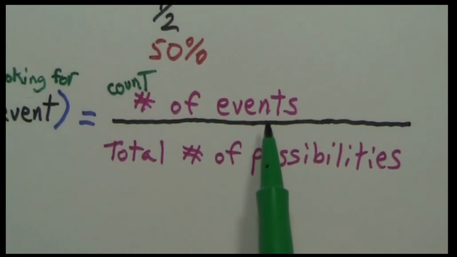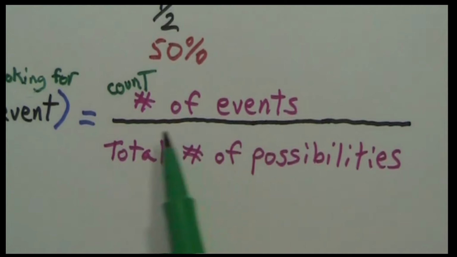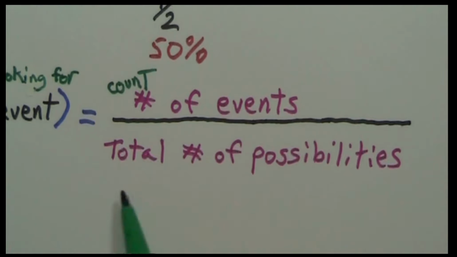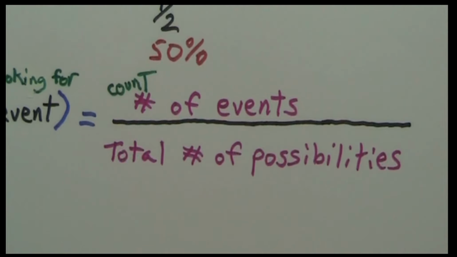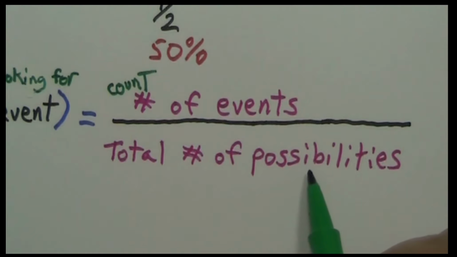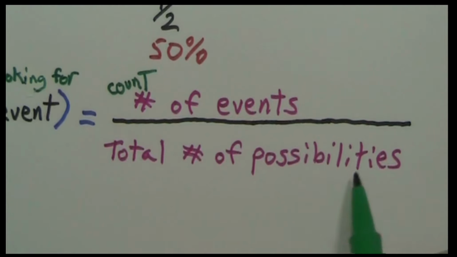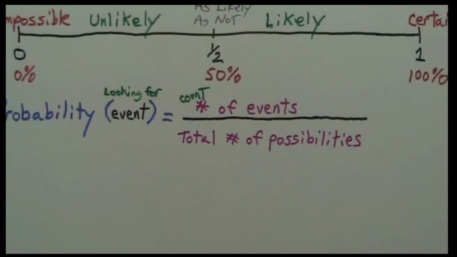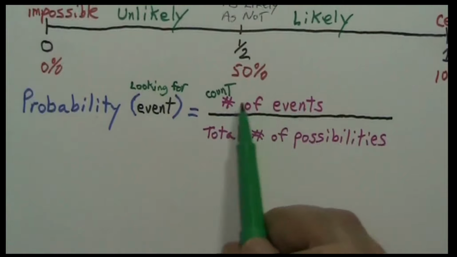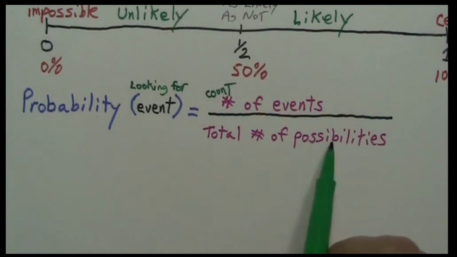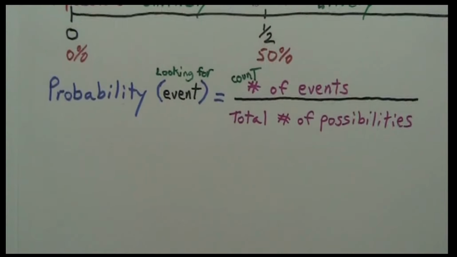The number of events, how many things you're looking for, divided by the total number of possibilities, the total number of items. So the probability of something happening is looking to see how many of those things there are divided by the total number of possibilities. Okay, we'll do some examples of that now.